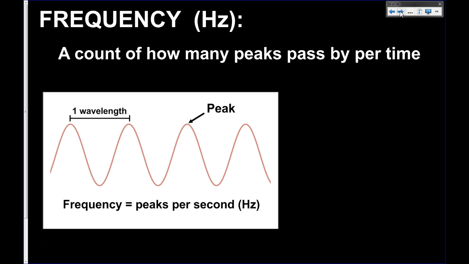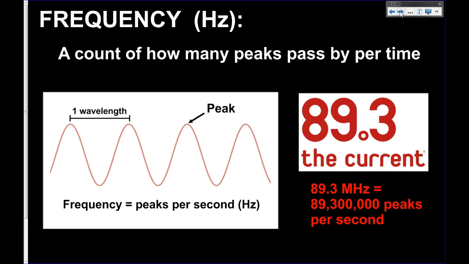You're probably already familiar with the word hertz because you hear it a few times in technology, like cordless phones operate at 2.4 gigahertz. A radio station, like say the Current 89.3, is actually 89.3 megahertz, which means that the signal they're broadcasting has a count of 89,300,000 peaks per second.